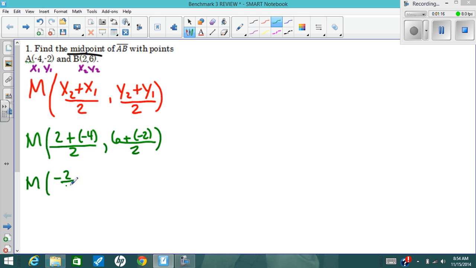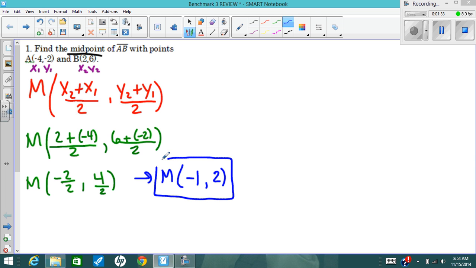Gives us negative 2 over 2 and 4 over 2. And we're going to simplify. Negative 2 over 2 is negative 1. 4 over 2 is 2. Our midpoint for segment AB is negative 1, 2.